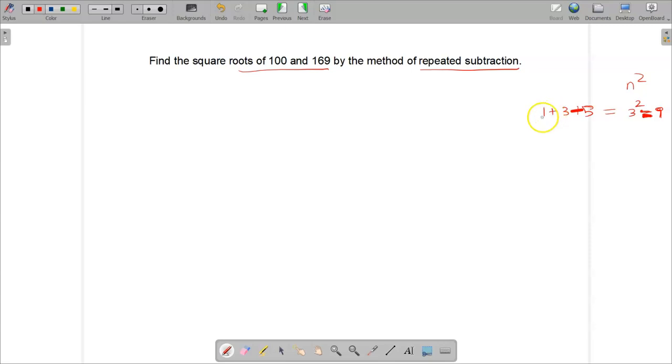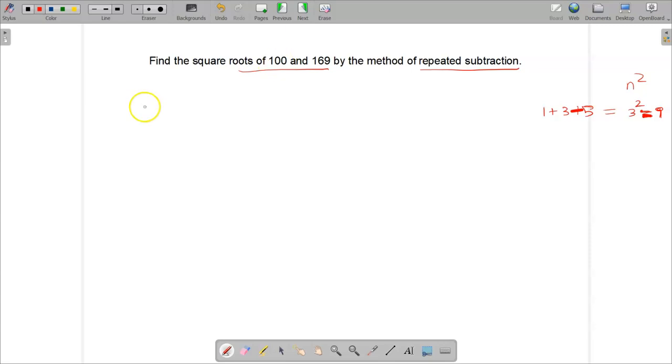There we added continuous odd numbers: the first odd number is 1, the next is 3, the next is 5. Like that we added the odd numbers and determined the square number. Now we are going to follow repeated subtraction to find the square root, so the opposite operation.